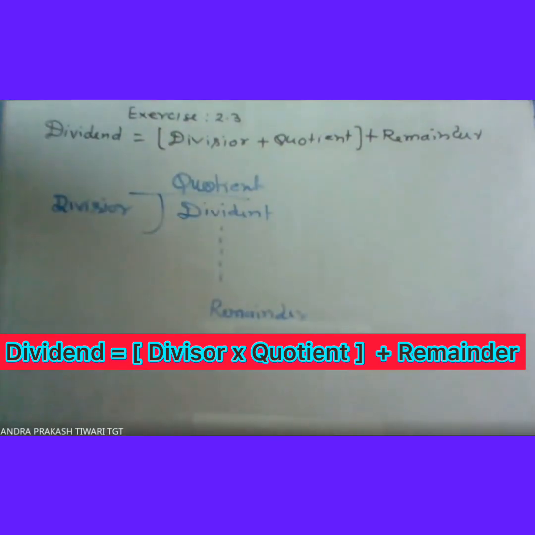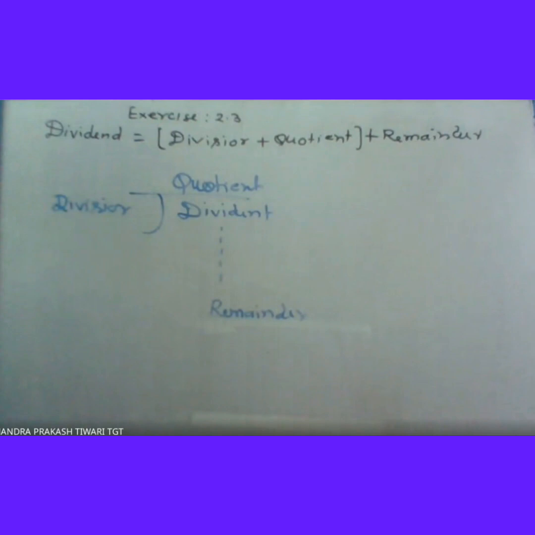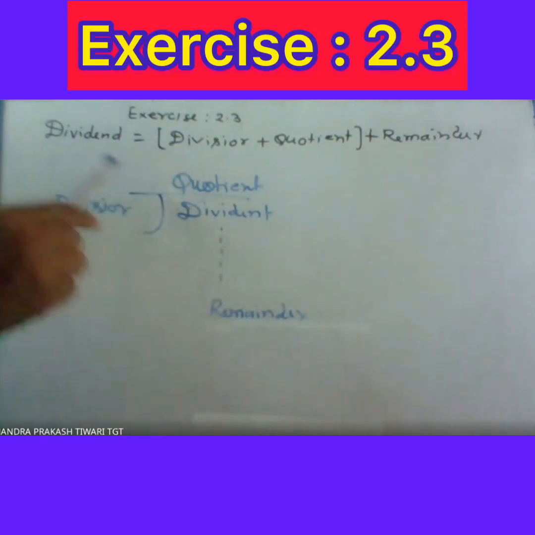So this is the process of division: dividend, divisor, quotient, and remainder. The relation between these four things is dividend equals divisor times quotient plus remainder.